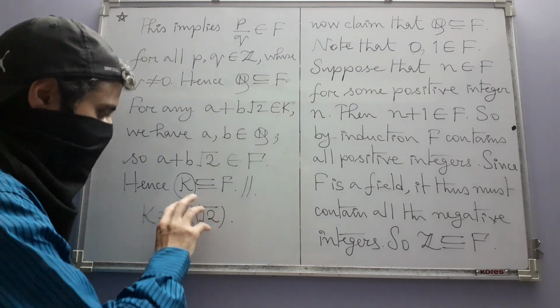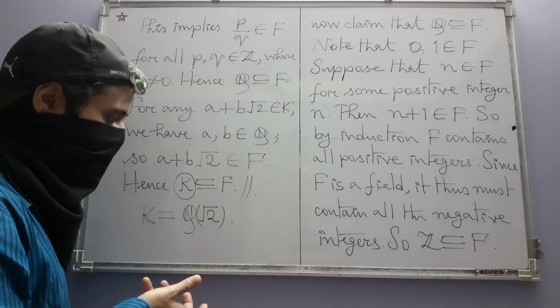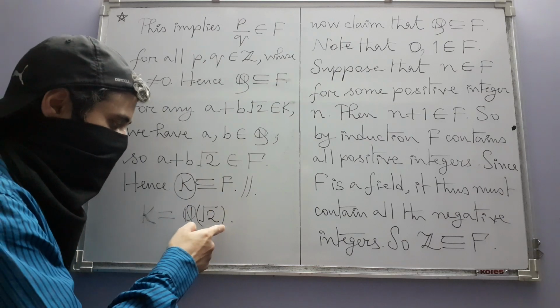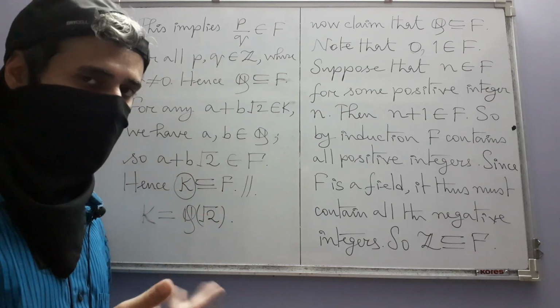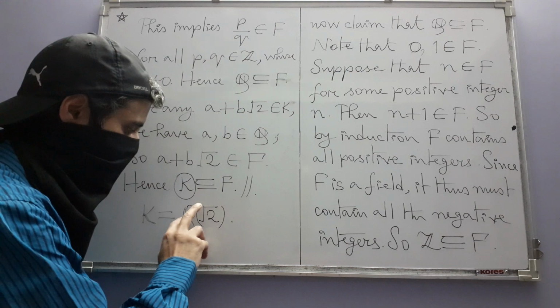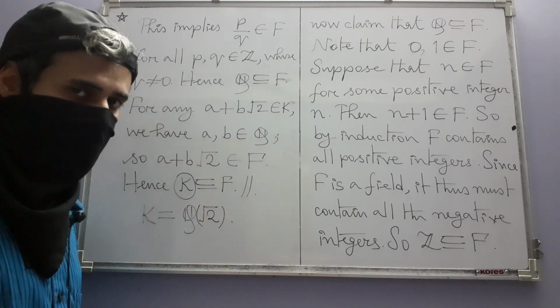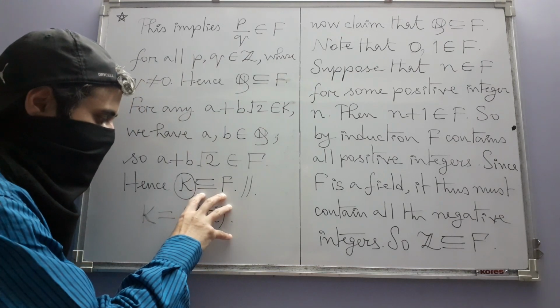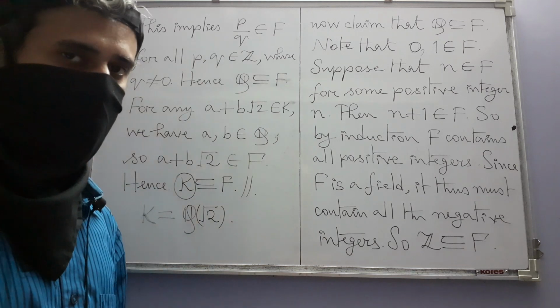Okay, you should have this much in a subfield, and the resulting elements coming from the fact that it has to be a subfield in order to contain root 2.